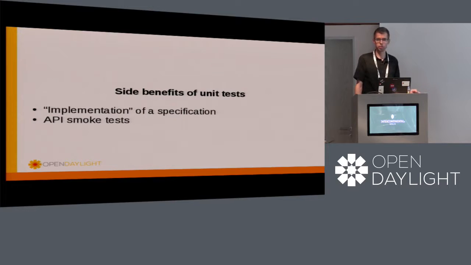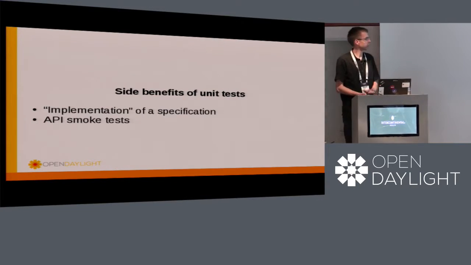A unit test is in some ways an implementation of the specification. So you write your documentation that explains how you're supposed to use the code you're developing, and a unit test is going to be a sort of implementation of that that's different from the code implementation that provides the behavior.